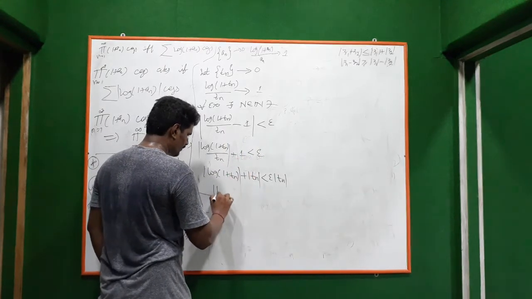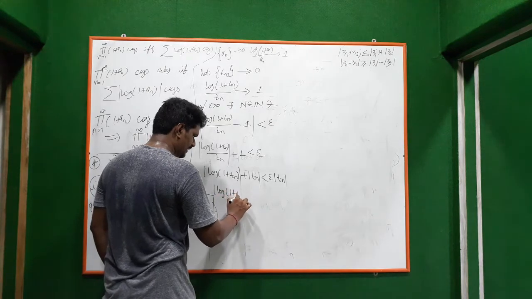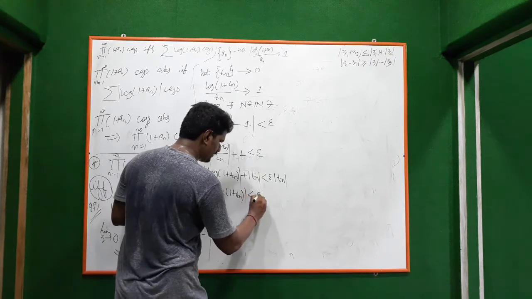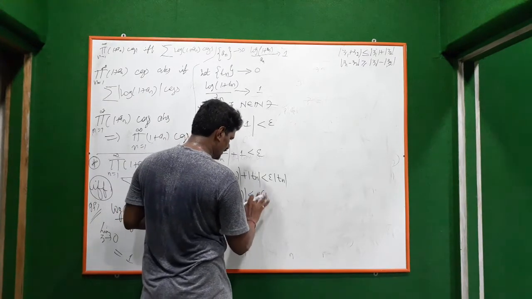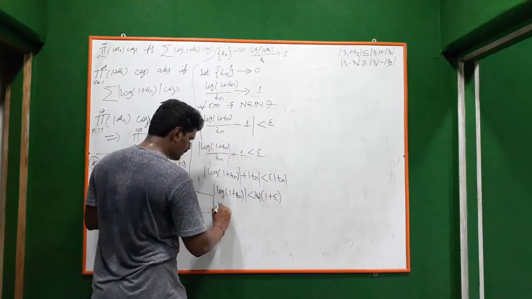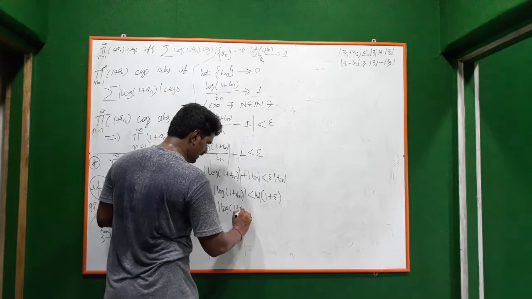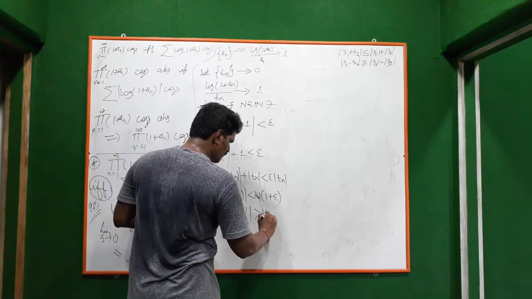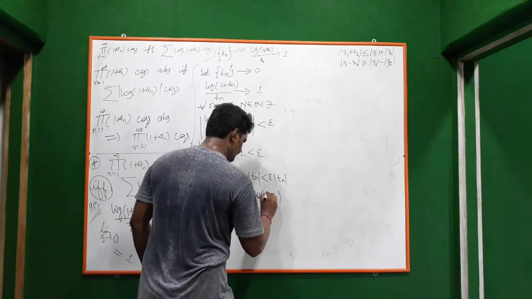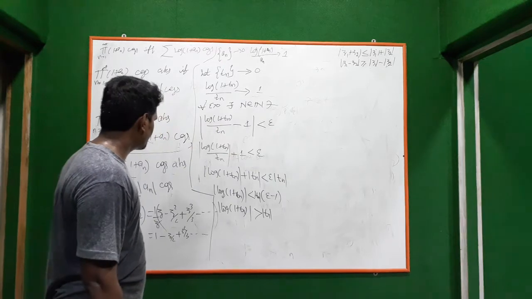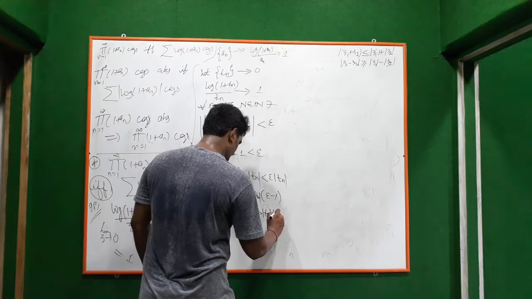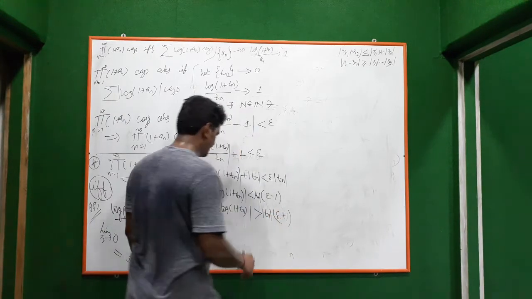So we will get minus here, and so we will get plus there. So other thing is log 1 plus t_n, we will write for this, less than epsilon times mod t_n times 1 plus epsilon, and the other inequality will be mod log 1 plus t_n is greater than mod t_n times epsilon minus 1, and here it will be epsilon plus 1 plus epsilon.